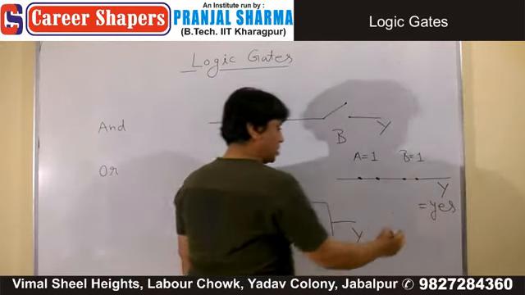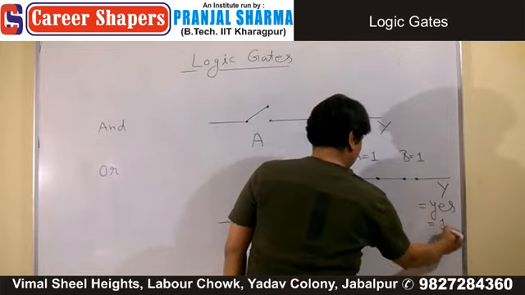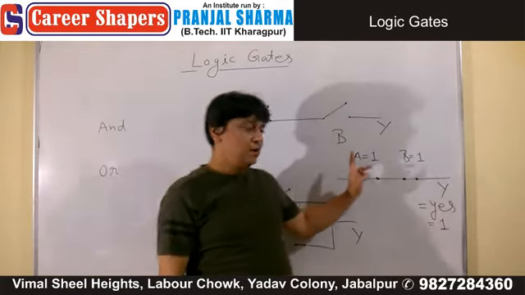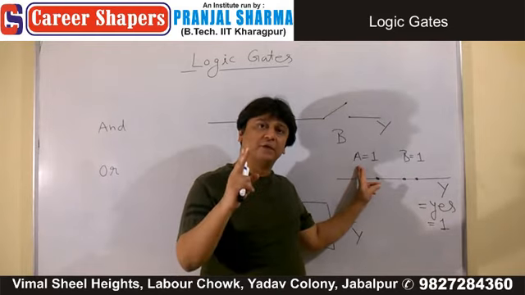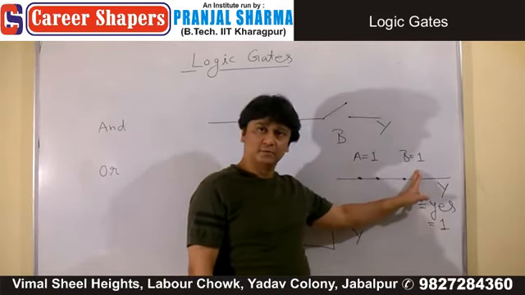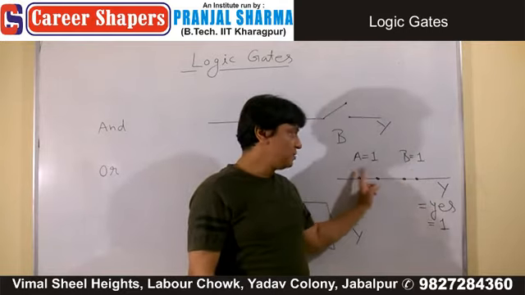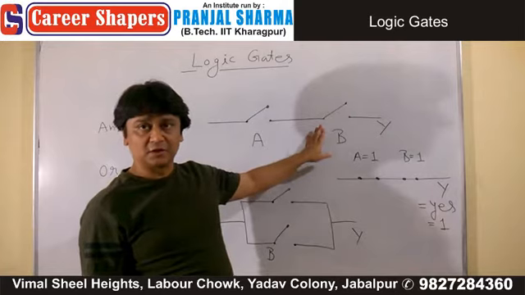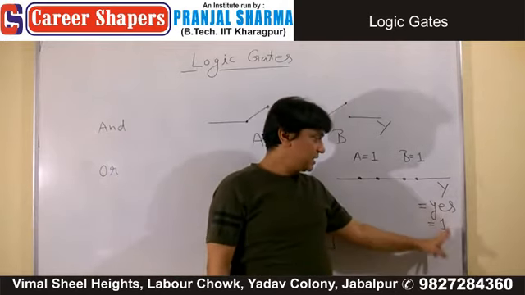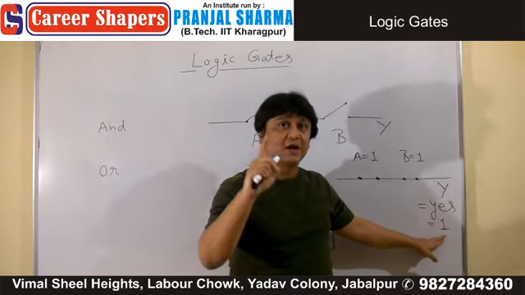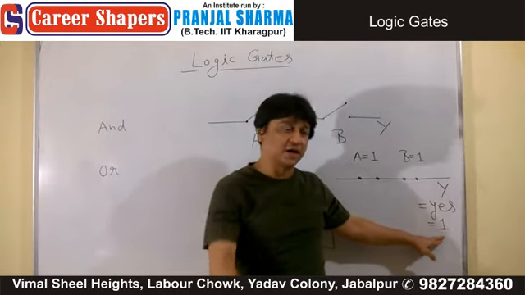And numerical value of yes is what? 1. Now, we say that if you give two inputs in the form of 1 and 1 for a circuit like this, then it gives us what? Another 1. 1 means what? Yes, there is a current.